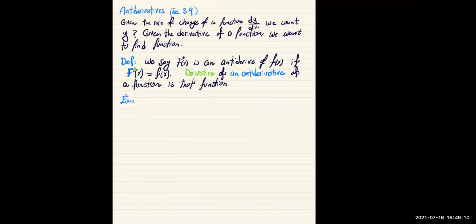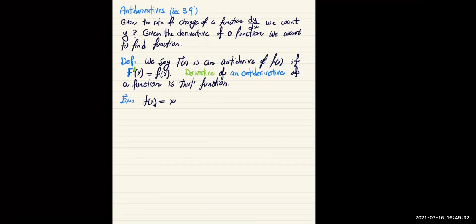Here's an example. Let's say I have f of x equal to x. Let's just focus on a simple function.